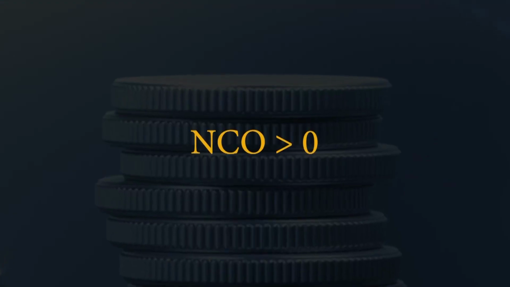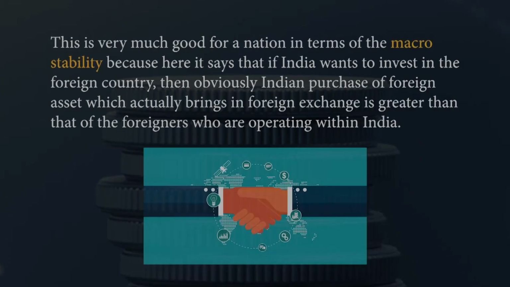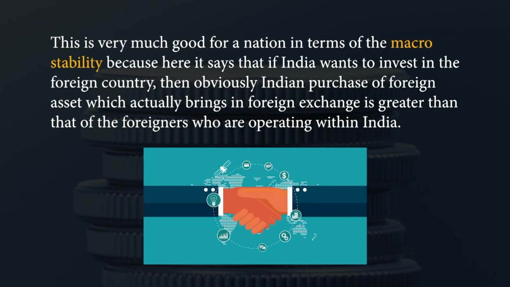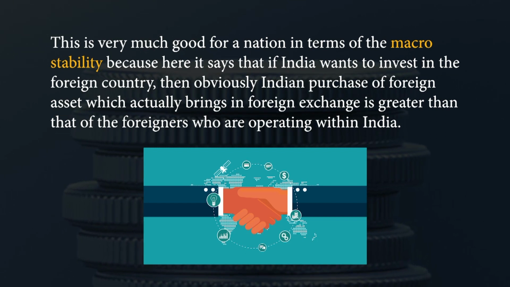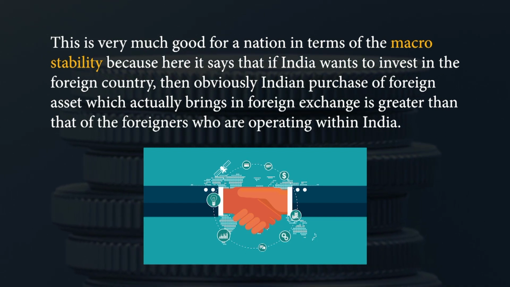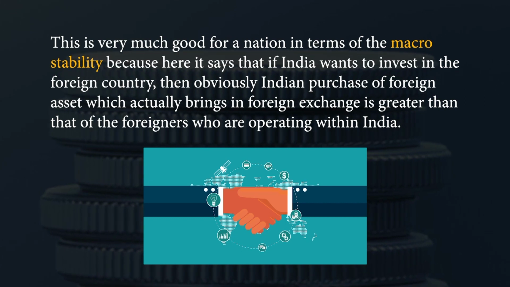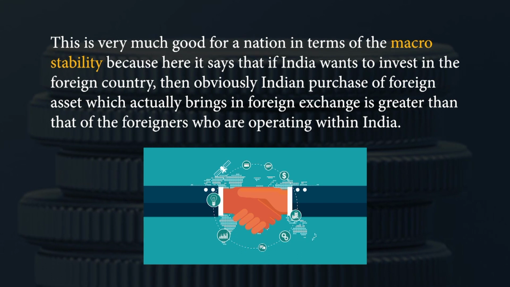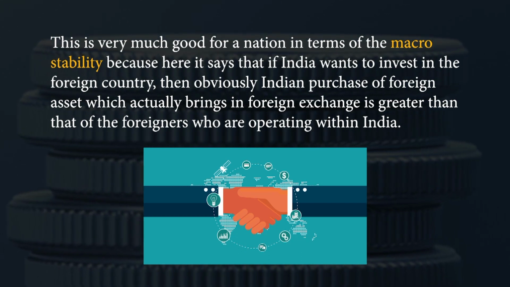Apart from this, we have the net capital outflow in terms of positive or negative. When NCO is greater than 0, then domestic purchase of foreign assets exceeds the foreign purchase of domestic assets. This is very much good for a nation in terms of macro stability. Because here it says that if India wants to invest in a foreign country, then obviously Indian purchase of foreign assets, which actually brings in foreign exchange, is greater than that of the foreigners who are operating within India.